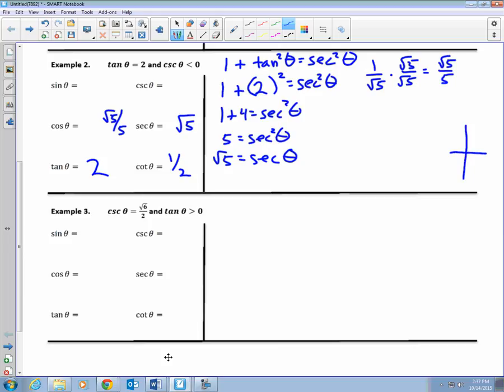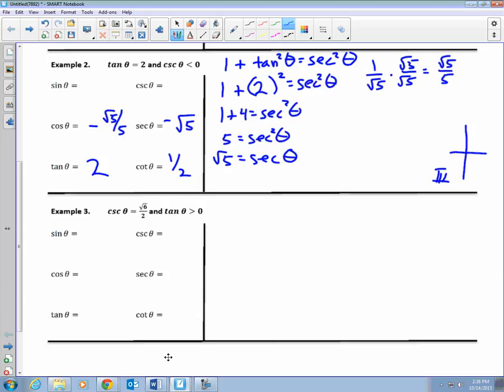So which is the only quadrant where tangent is positive and cosecant is negative? 3, right? So we're in the third quadrant. In the third quadrant, is cosine positive or negative? So these values should be negative. So we figured out those two.